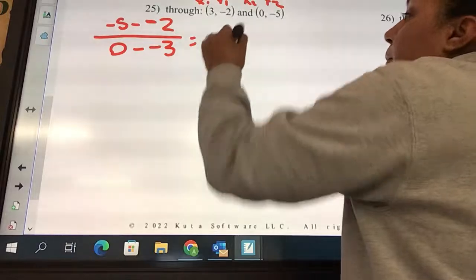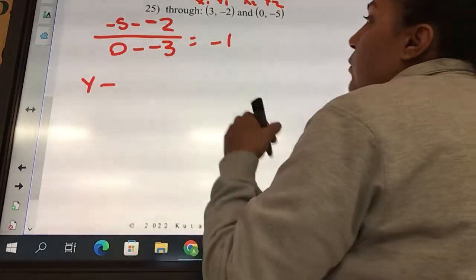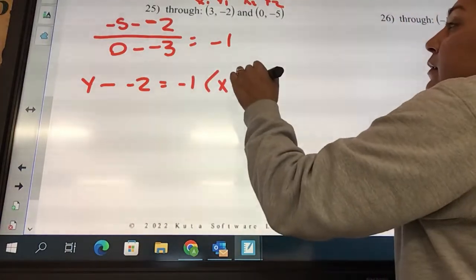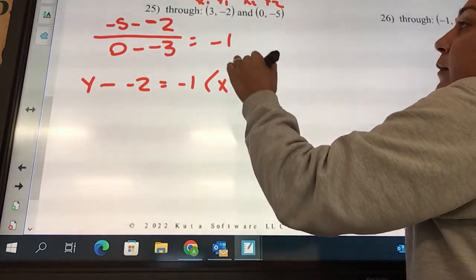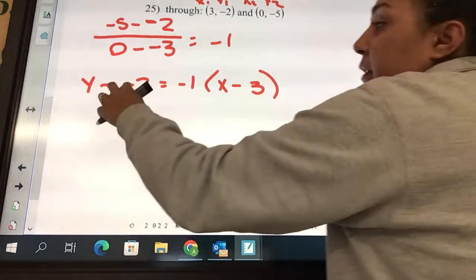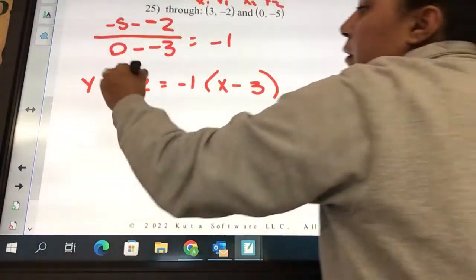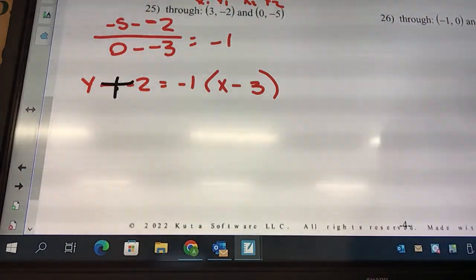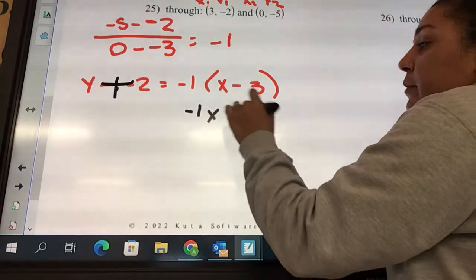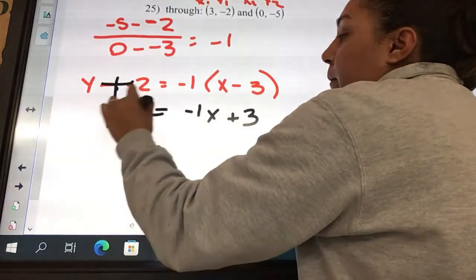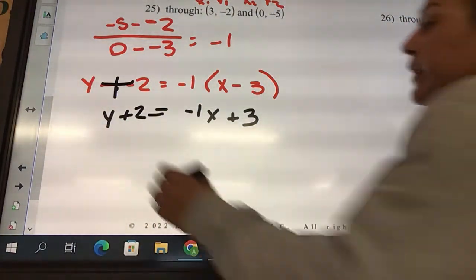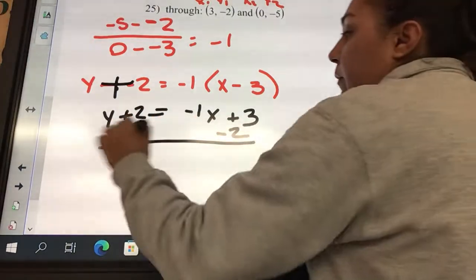Be -1, and I got y minus y1 is -2 equals -1, x minus 3. Okay, and minus minus here again is going to be a plus. Okay, and so -1 times x is -1x. -1 times -3 is +3. Okay, and then we're going to say -2 minus 2.